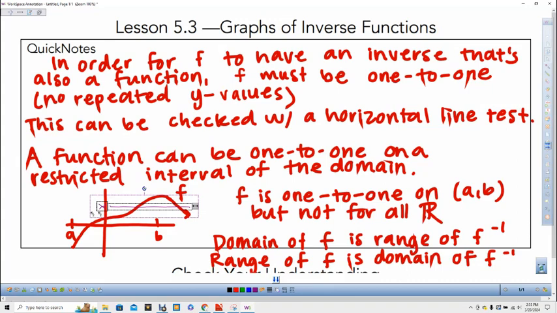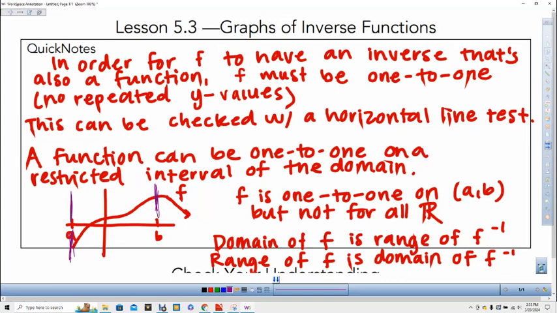A function can be 1 to 1 on a restricted interval of the domain. What that means is that you can limit yourself to what part of the function you're going to look at. For instance, if you cut this down and only looked from A to B, it's going to pass the vertical line test, it's going to pass the horizontal line test, it's going to be 1 to 1.